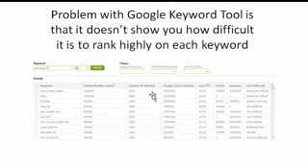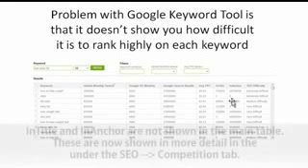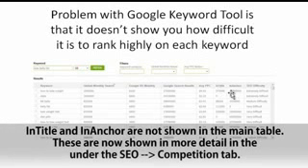You still get those Google numbers, but you also get to see the number of Google search results that there are, the average pay-per-click, the amount that it's going to cost to get a top ranking in pay-per-click. You get to see the number of competing sites that have the keyword in the title or in anchor text.